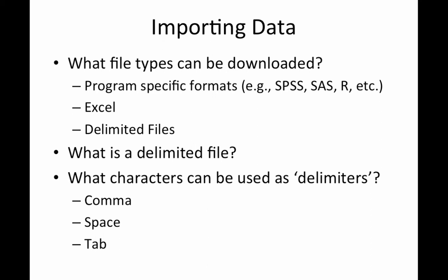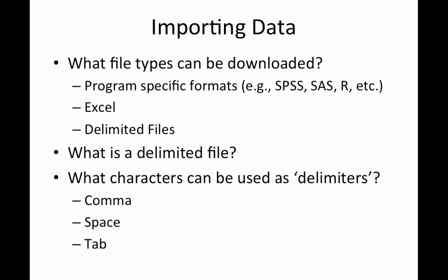So in a situation like that, a tab would probably be the more appropriate choice, because an open-ended response will in all likelihood include spaces between words. So we have to be very careful and be aware of what type of responses we're asking for to help decide which type of delimiter we want to use.